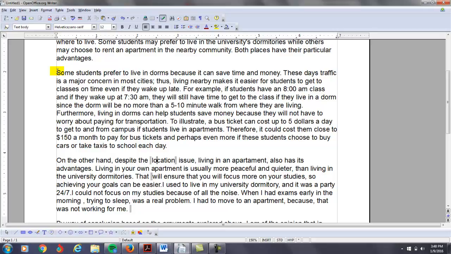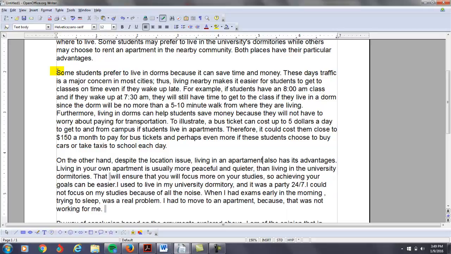So this is actually pretty good. You have, on the other hand, despite the location issue, living in an apartment here. Now don't put the comma here.